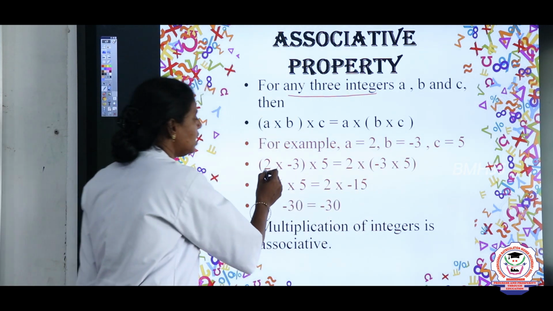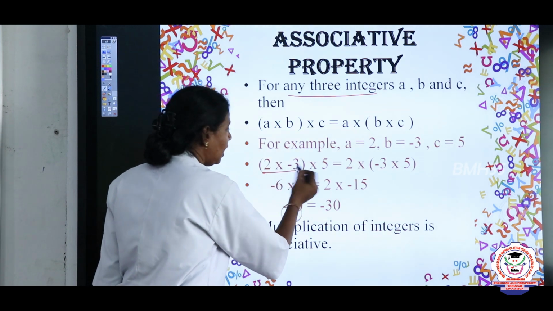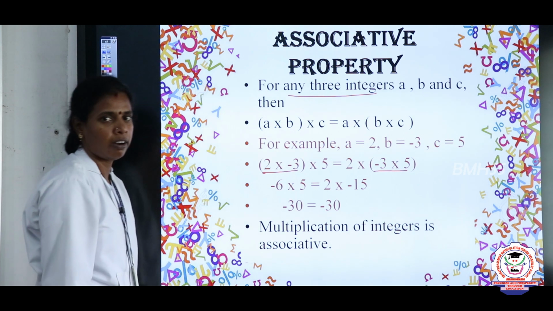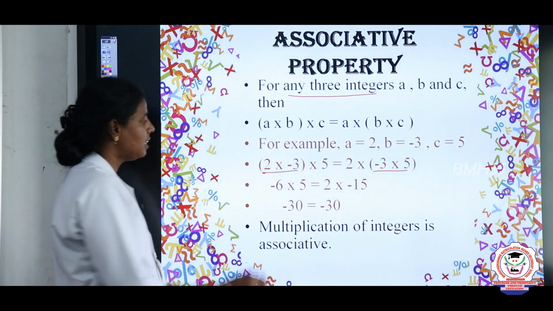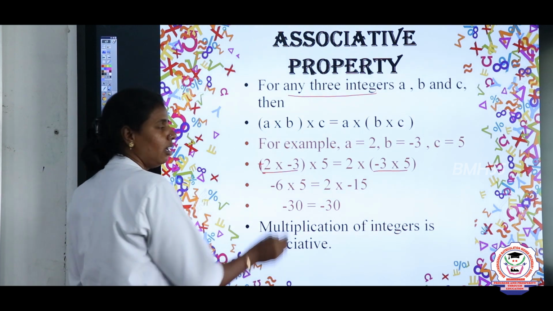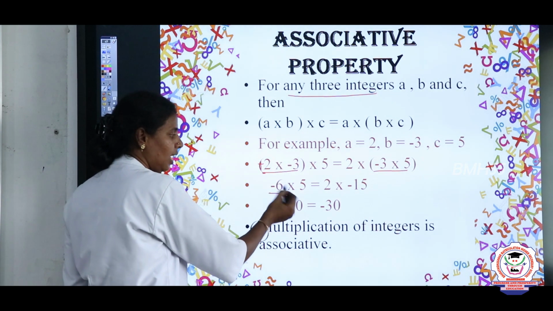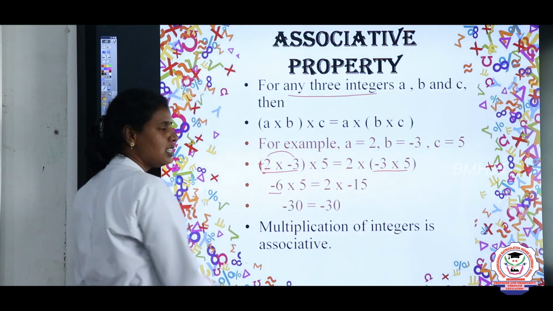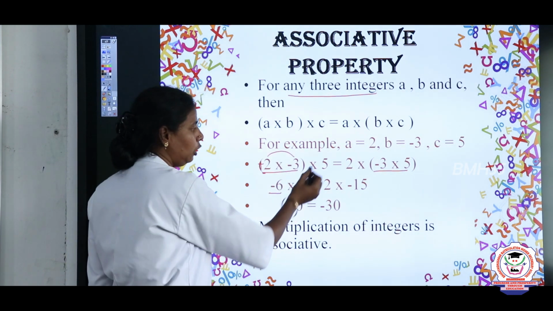First, we solve the value inside the bracket on both the left hand side and the right hand side. 2 is a positive integer and 3 is negative, different signs, so the answer will be negative. 2 3s are 6, so the answer is minus 6 into 5.